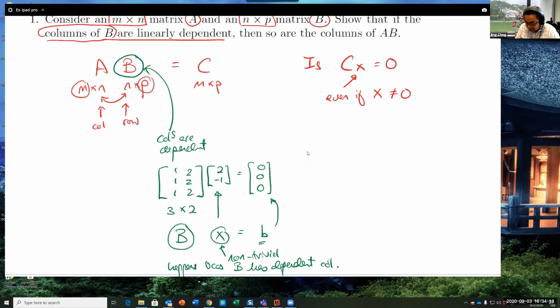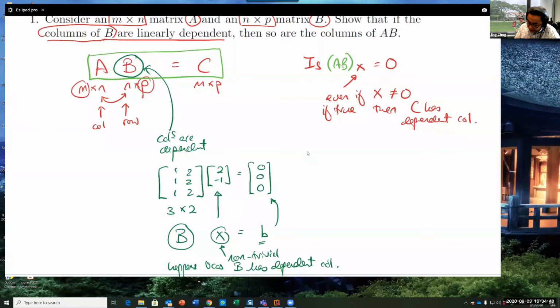If this is true, then C has dependent columns. So what is C again? Well, let's erase this C and we put our AB here. So remember, C is equal to AB.